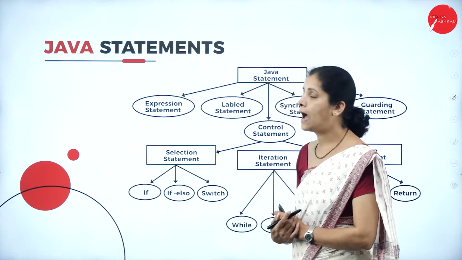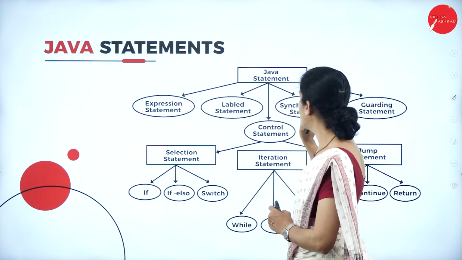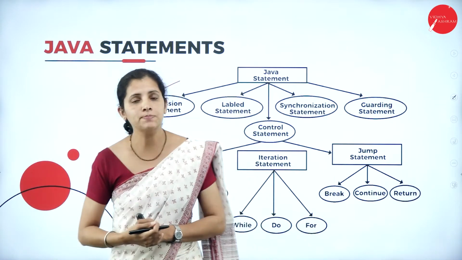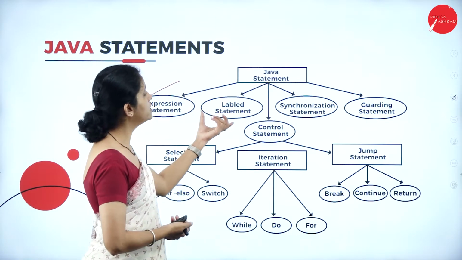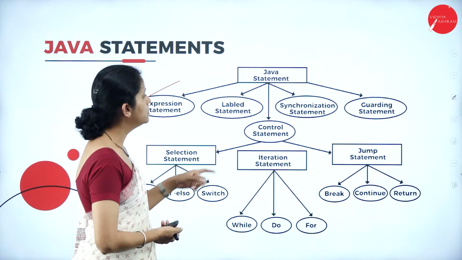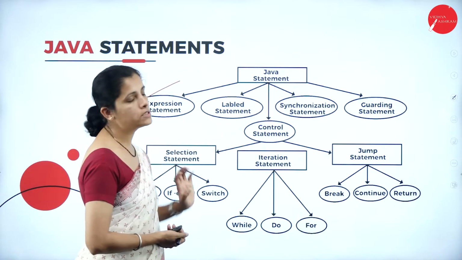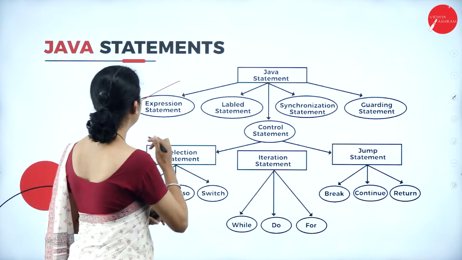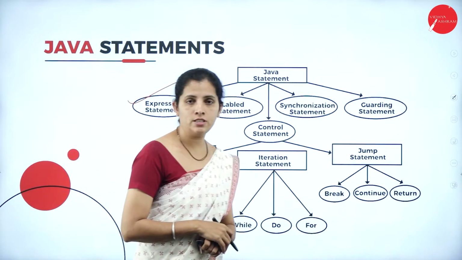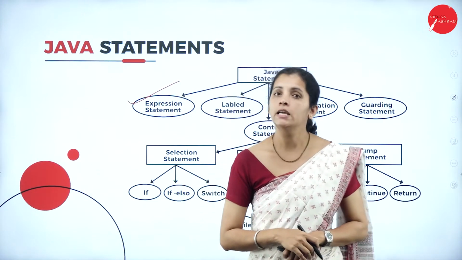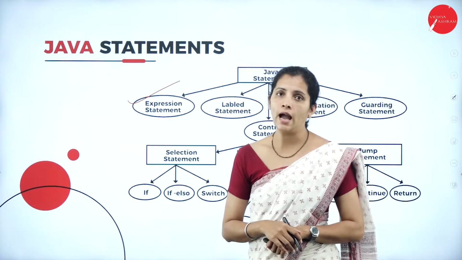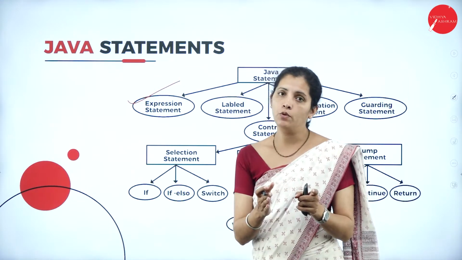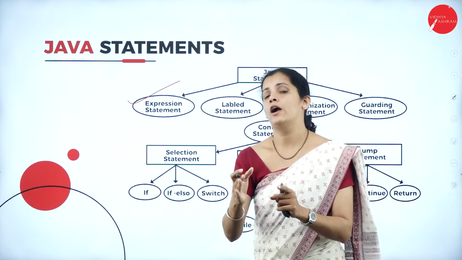Now I'm going to have five different types of statements. At the beginning, expression statement, labeled statement, then synchronization statement, control statement, and guarding statement. Before that, let me explain what an expression statement is. So dear student, in expression statements, I have increment expression and decrement expression. In increment, I have pre-increment and post-increment.